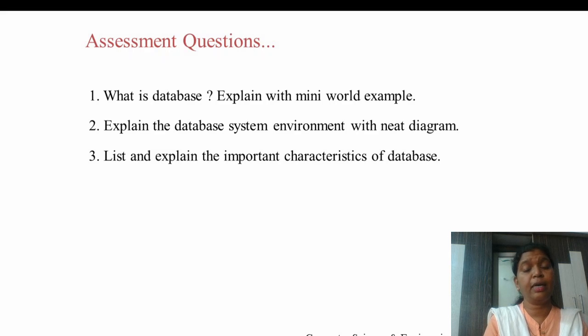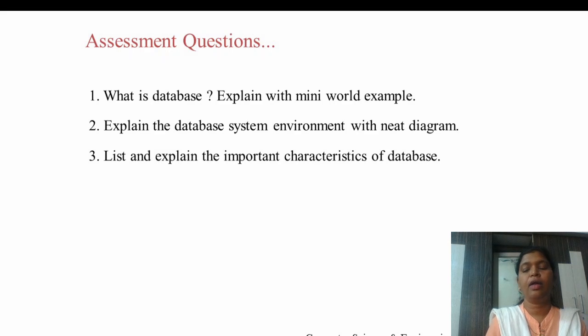Explain with a real-world example can be asked. I have given you an example. Definition we have just discussed, you have to answer. Explain the database system environment with a neat diagram. List and explain the important characteristics of database. So try to answer these questions.